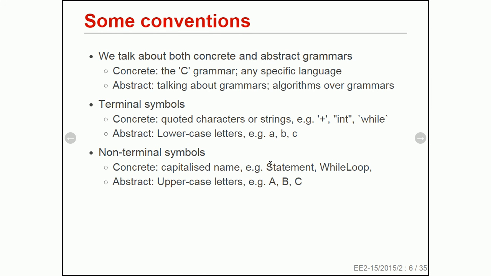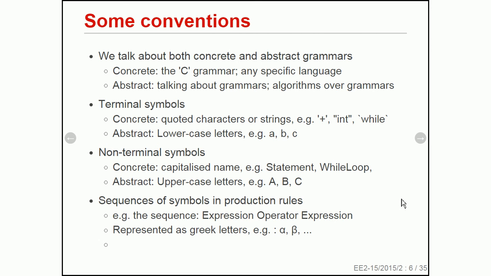These represent known fixed constructs because we're talking about C. If we're talking about abstract grammars, so all possible grammars, instead we talk about non-terminals as things like capital A, capital B, capital C. That's because we don't know what we're talking about in some sense. We only know the kind of thing we're talking about. And the kind of thing, if we put a capital letter, is a non-terminal symbol, without knowing what that non-terminal symbol is. It's a placeholder for something real.